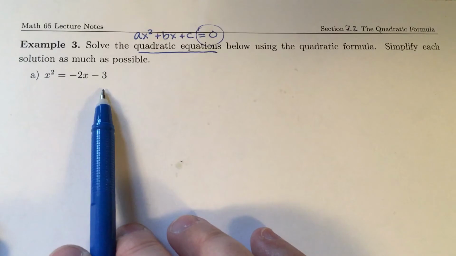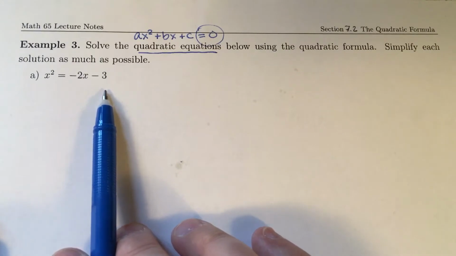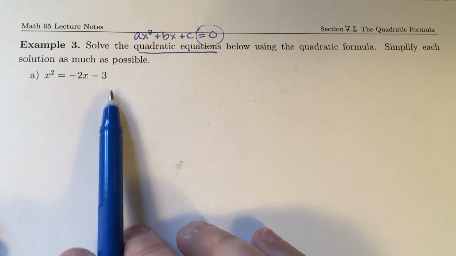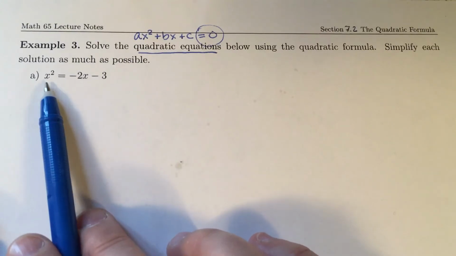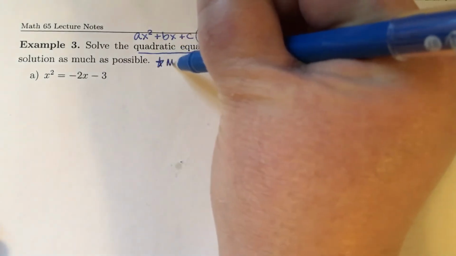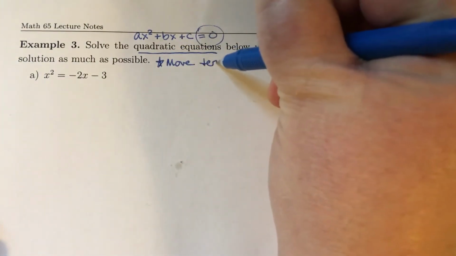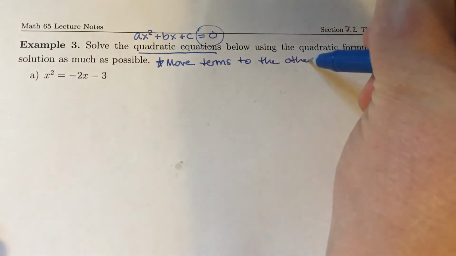So this first example has two different sides of the equation. It's not equal to 0. I would always suggest keeping x squared positive, or if x squared isn't positive, moving it to the other side. So we're going to move terms to the other side of the equation.